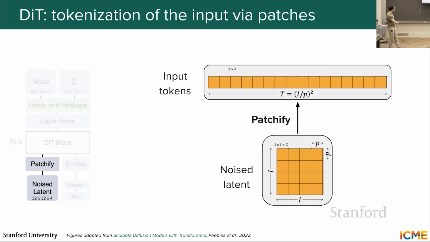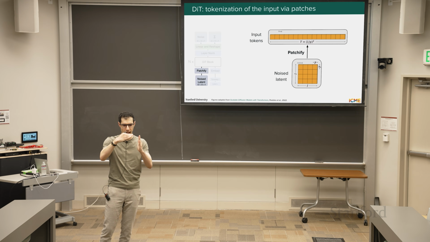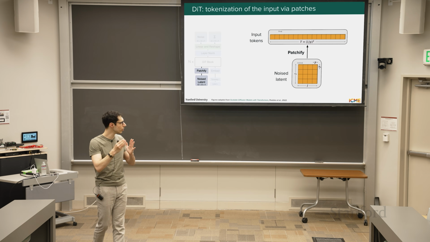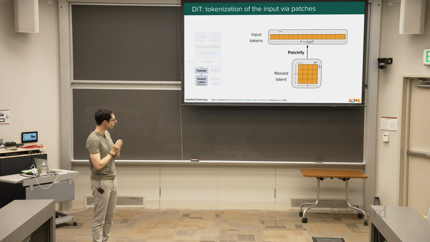Perfect. So let's go step by step into what each component means here. You have on the illustration a patchify operation that takes in your noised latent and divides it into patches. So you have, let's say, an I times I times C tensor that you divide into P times P times C patches.